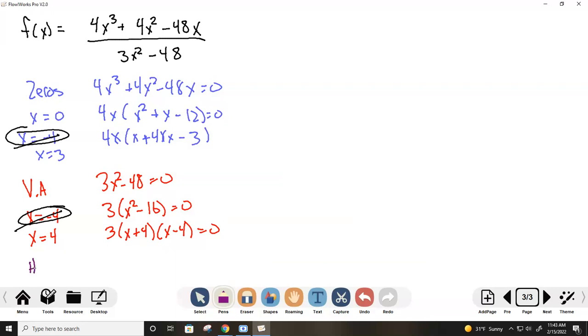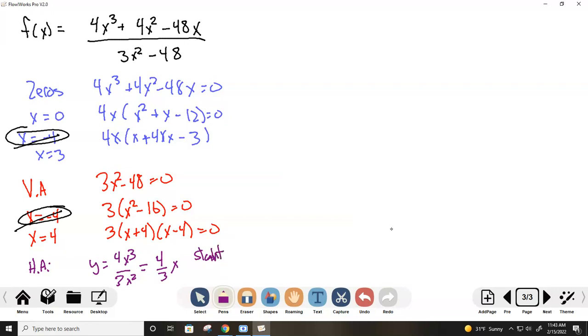Now for my horizontal, or my end behavior, I'm going to look at y equals 4x cubed over 3x squared, which is going to be 4/3 x. So this will be a slant asymptote.